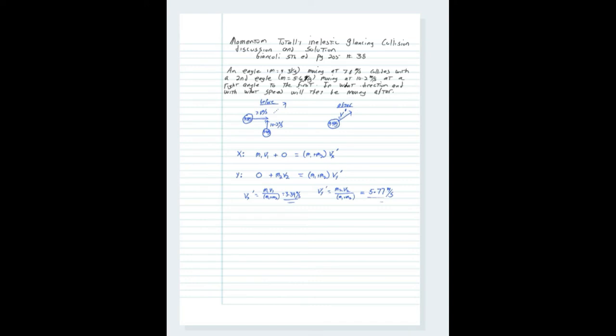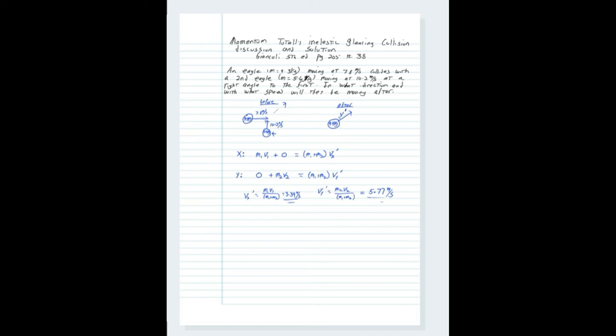Think about why that makes sense. If we look at this situation, the heavier eagle is moving faster, so there's more momentum in the y direction than there is in the x direction before the collision. So I would expect that they're going to move more in the direction of this eagle than the other one. And that's what the results show us.